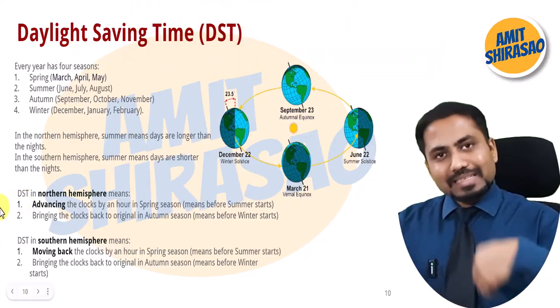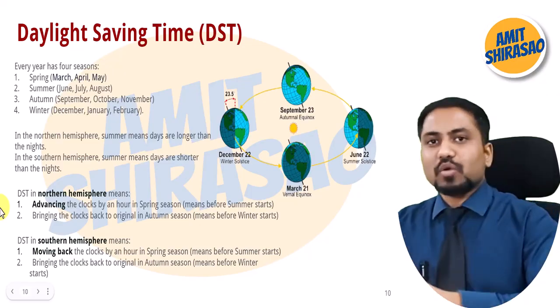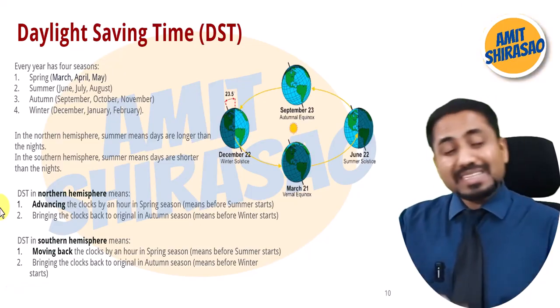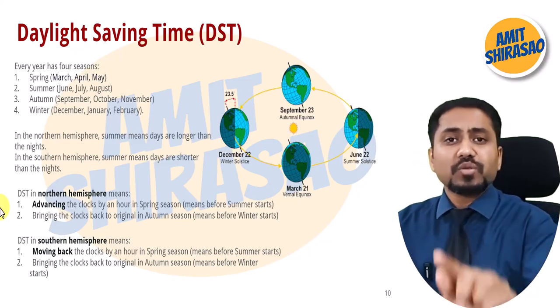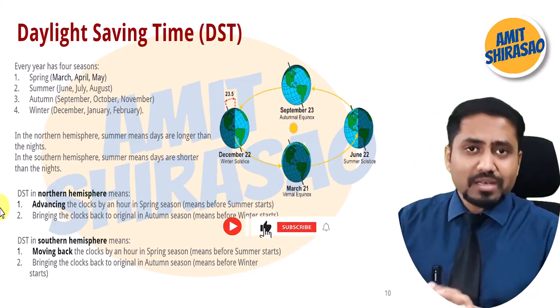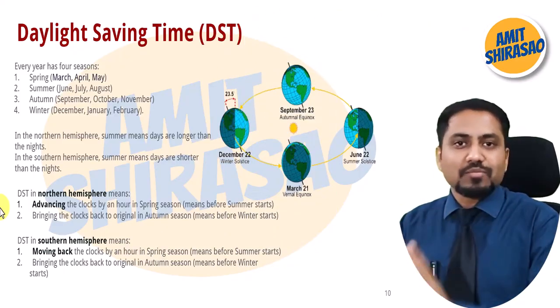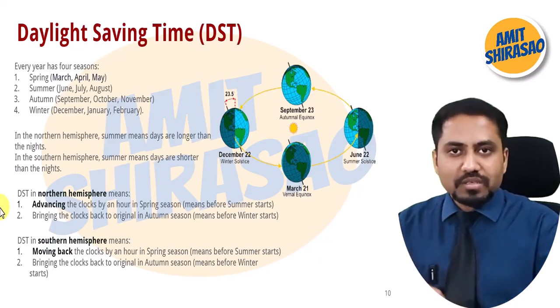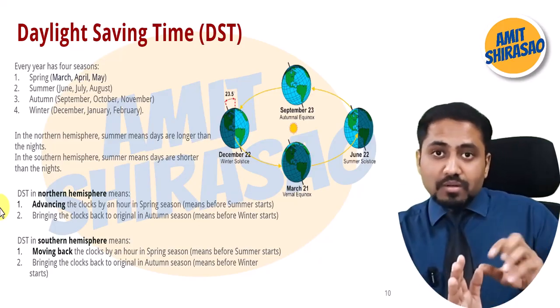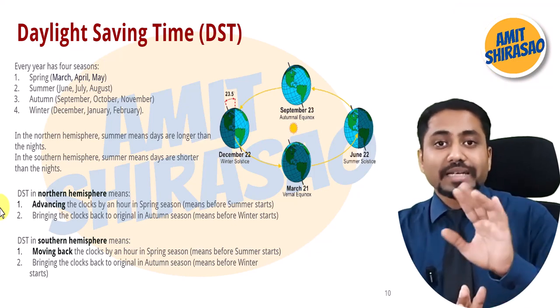So in the northern hemisphere, we advance the clock during the summer, but in the southern hemisphere we move the clock backwards during the summer. Okay, daylight saving is only during the summer. In winter they follow the real time zone. Everybody follows real time zone during the winter, but during the summer, some western countries, some English speaking countries, follow daylight saving.